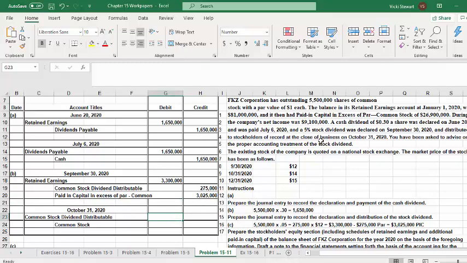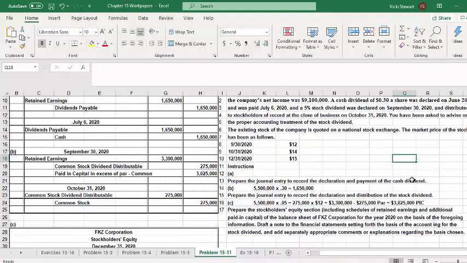Then on October 31st, 2020, we would distribute the shares to the shareholders by debiting stock dividend distributable for $275,000 and crediting common stock for the same amount.